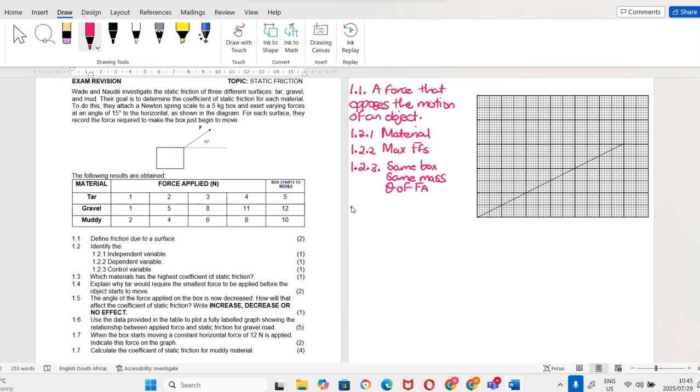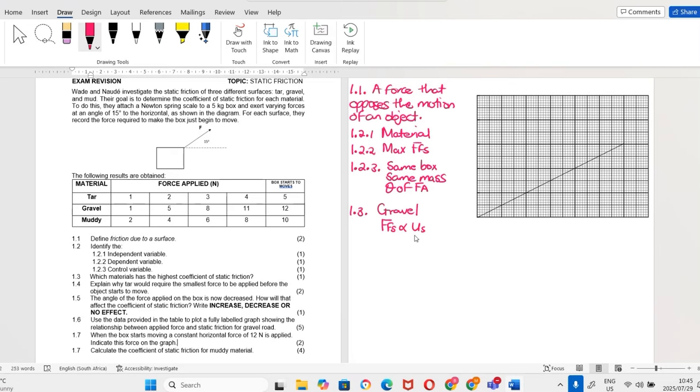Then in 1.3, the question says which material has the highest coefficient of static friction? So that would be gravel. And your reason for this particular question is that the static friction for the same object with the same normal force, FFS, is directly proportional to US.